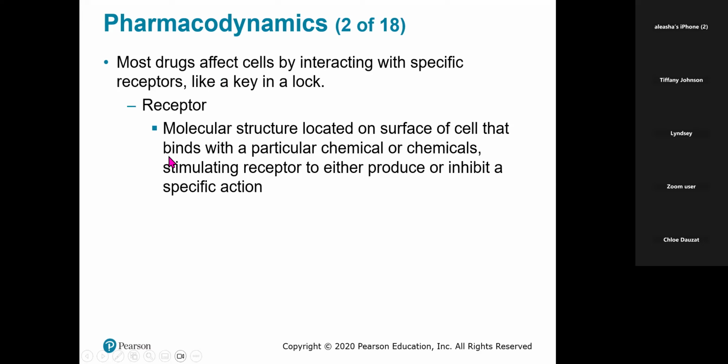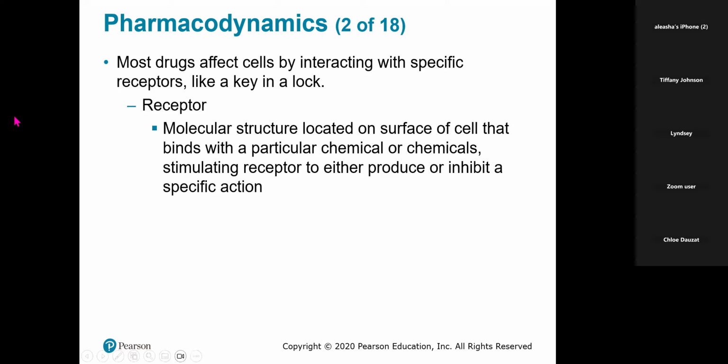So most drugs are going to affect cells by interacting with specific receptors, and it works a lot like a key into a lock. A receptor is a molecular structure located on the surface of the cell that binds with a particular chemical or chemicals, stimulating that receptor to either produce or inhibit a specific action.